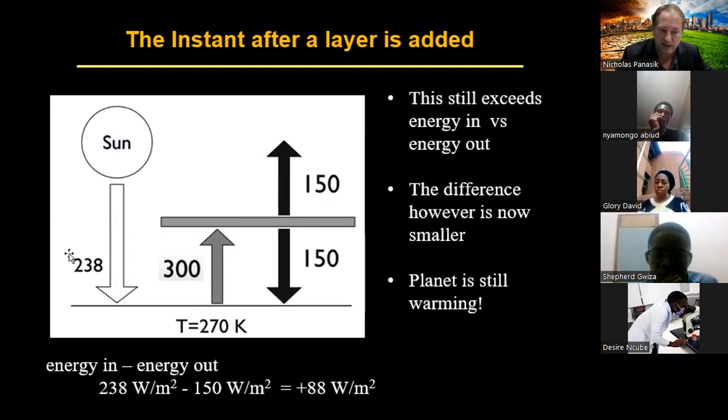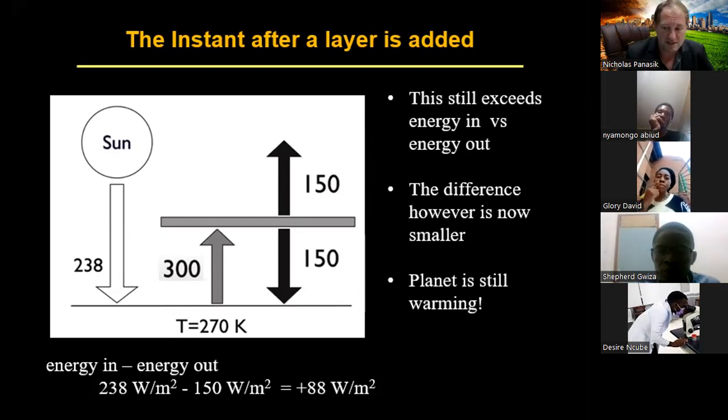We're now only accumulating energy at 88. So what does that mean? We're getting more energy in than we are energy out. So what's going to happen to the temperature? It's going to increase.